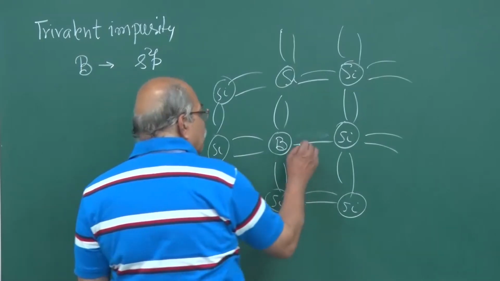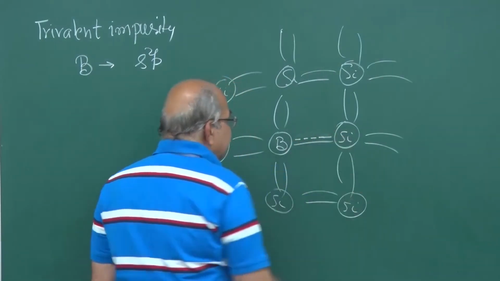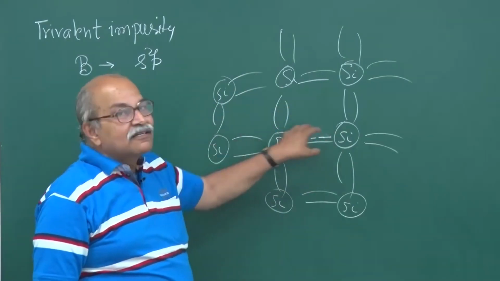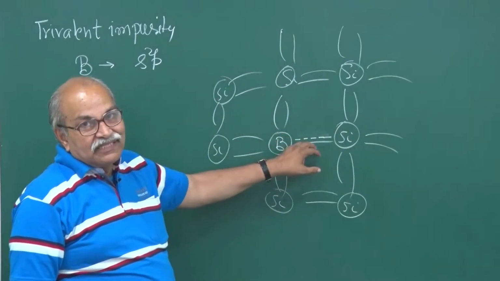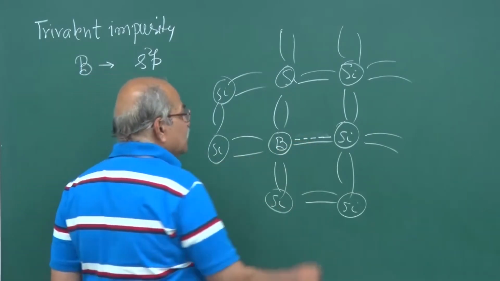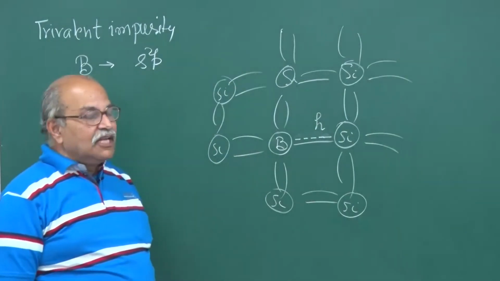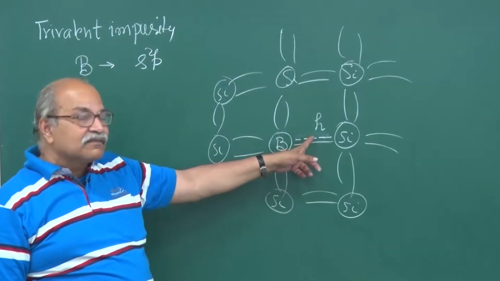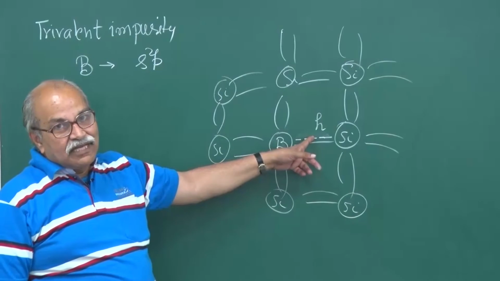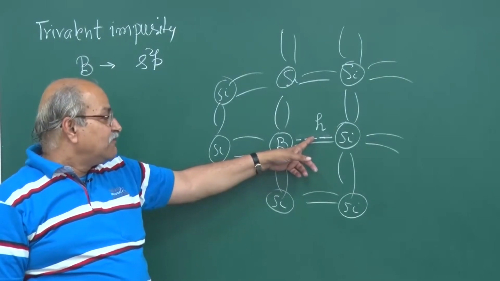So you have a broken bond, an empty quantum state here, and an electron can come here and complete this bond. So you have an empty quantum state, or in other words, you have a hole here. If an electron comes and sits here, this empty quantum state will get populated, or filled.